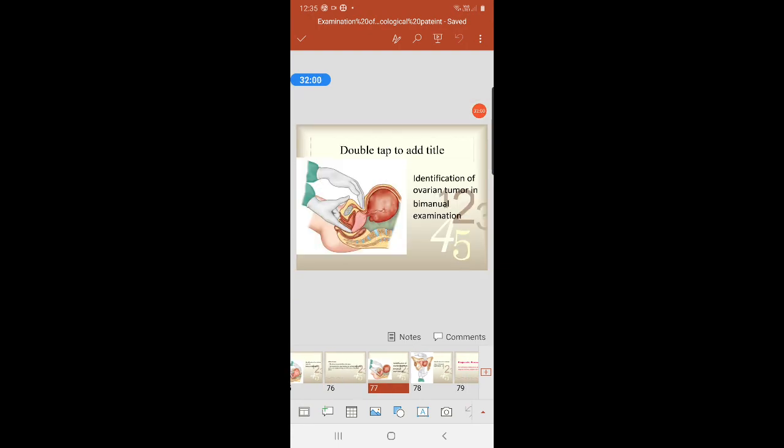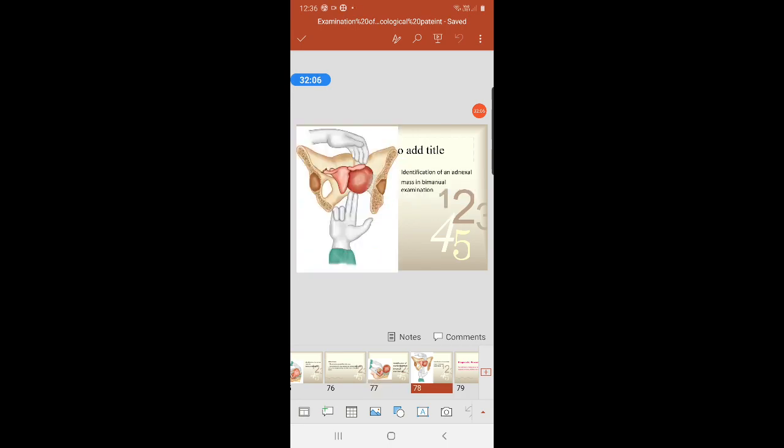See here, this is a method of identification of an ovarian tumor in bimanual examination. Identification of an adnexal mass in the bimanual examination.